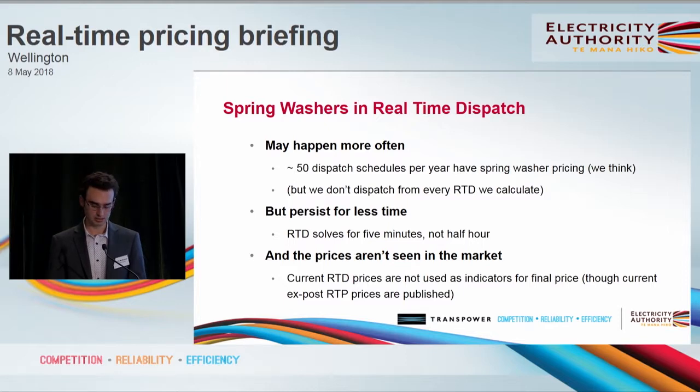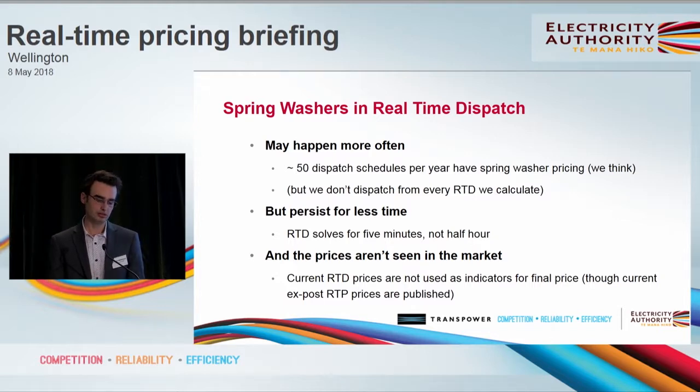If you look at prices that occur in the dispatch schedule that range between $10,000 and $100,000, $100,000 being the CEIR CVP value that Murray was talking about previously, and $10,000 being sort of the limit at which we would start to think about whether load needs to be managed under RTP, we get a result that says maybe 50 dispatch schedules per year in the last 4 years come up with prices in that sort of range.